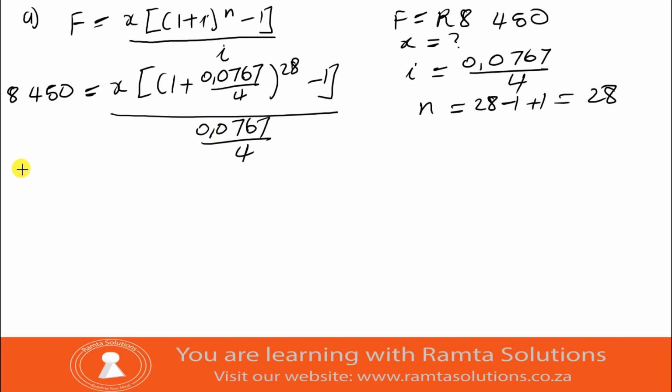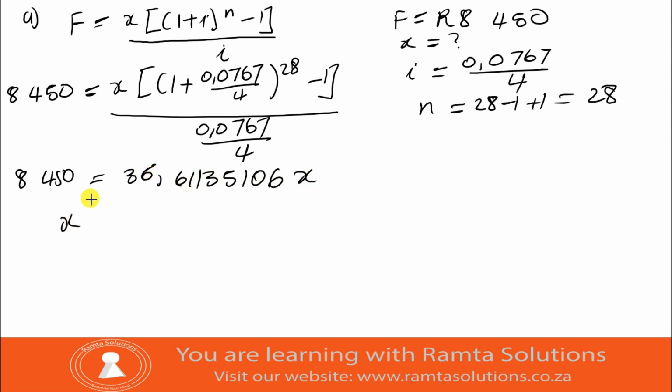So what is this? This is 8,450 equals 36.61135106x. Remember, I'm not rounding it off as yet because this is in the middle of your calculations, okay? Round off the final answer.